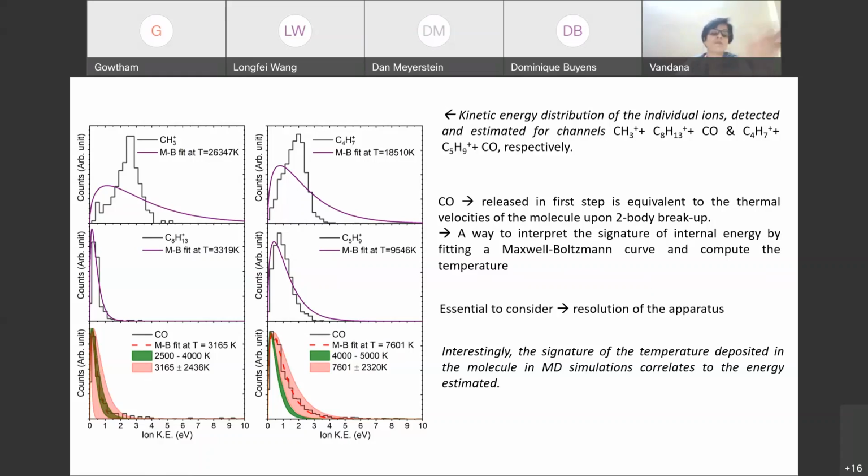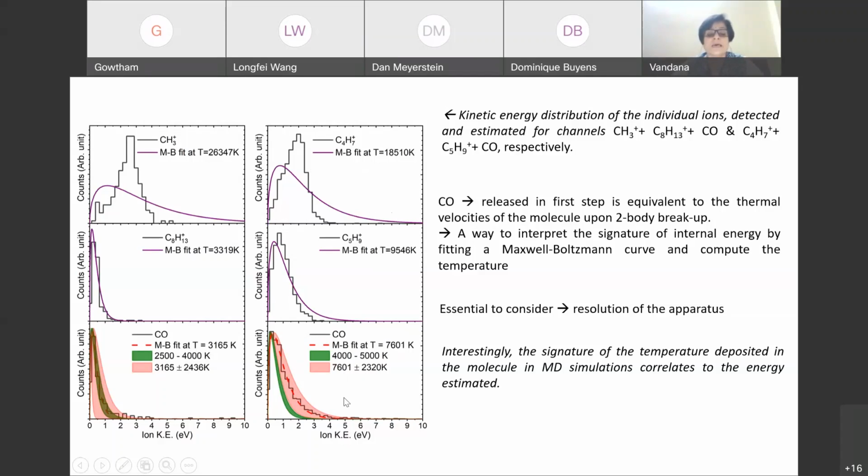So when we deconvoluted that, what we figured out is that the temperature for this fragmentation matches pretty well. It is within 2500 to 4000 Kelvin for this particular breakup, and beyond that there is a different breakup.